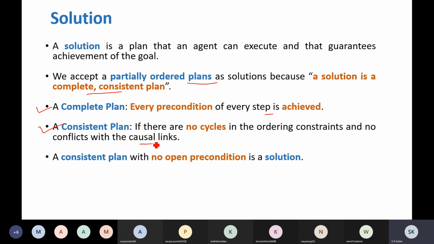We will understand the meaning of conflicts in the causal link when we discuss that example. So a consistent plan with no open precondition is a solution. So what is a solution therefore? A solution is a consistent plan with no open precondition, that means all preconditions are satisfied, and which is consistent, that means there are no cycles. So that is called a solution.